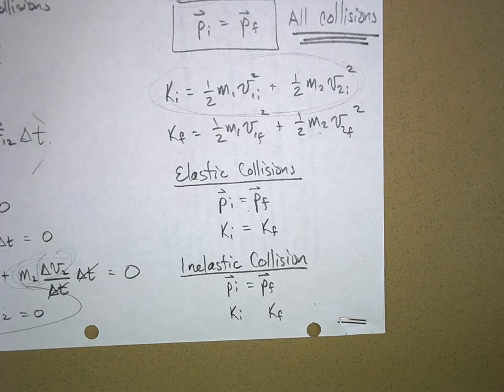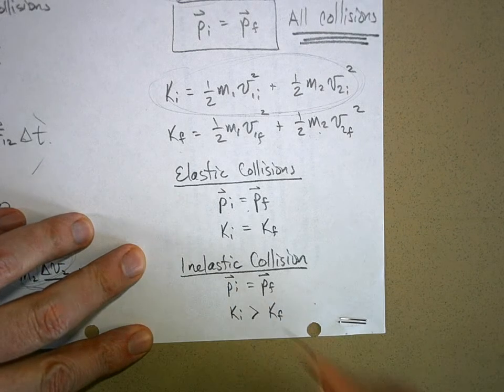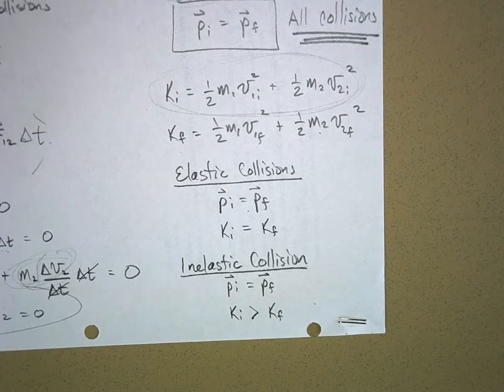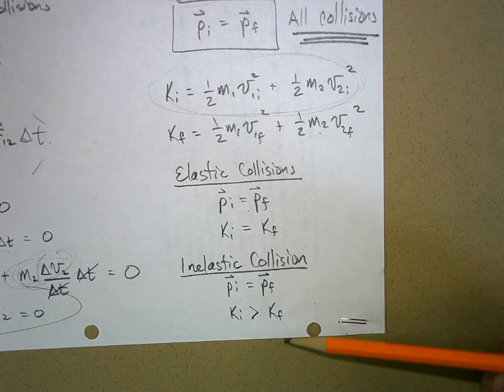Now, in that collision between the asteroid and the Earth, or the comet and the Earth, momentum was conserved, but kinetic energy was lost. So the initial kinetic energy will be greater than the final kinetic energy. So that's the big difference between elastic collisions and inelastic collisions.